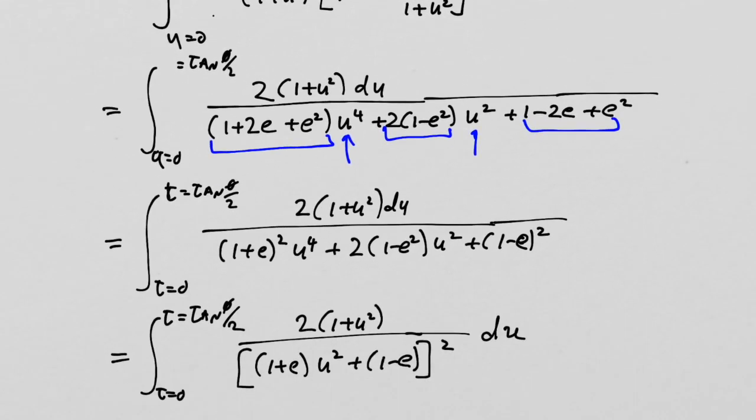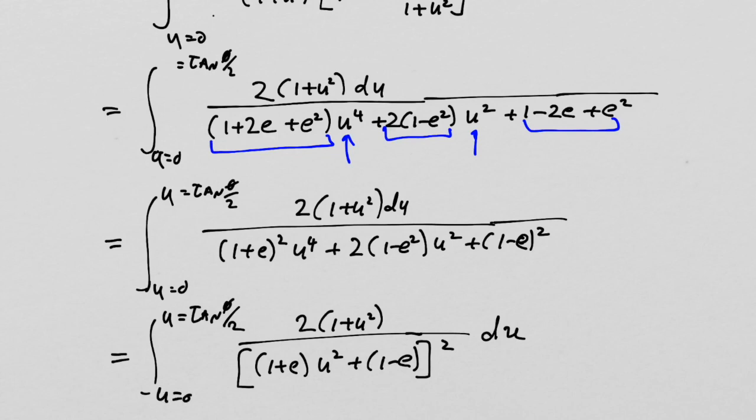The reason I don't really want to use u is because I've already used u for that substitution earlier in the analysis part of this. Now this is just purely a mathematical substitution. So now I've kind of gone backwards.